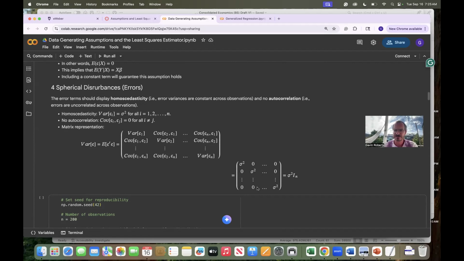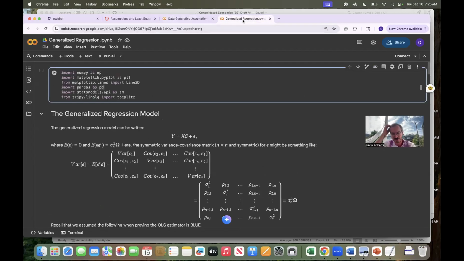The spherical disturbances assumption means that we have constant variance across the diagonal. It's not indexed by anything, indicating that this sigma squared number is the same on every element of the diagonal of this matrix. And also we have no autocorrelation, so the covariances are zero everywhere off of the diagonal. That is one of the assumptions that allows us to prove that regression is BLUE, the best linear unbiased estimator.